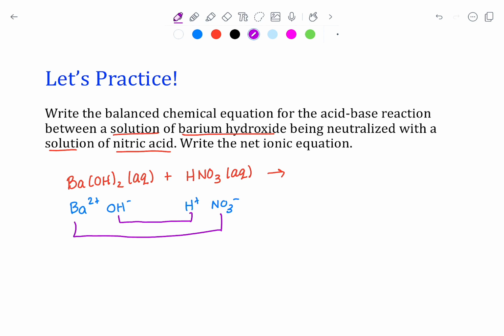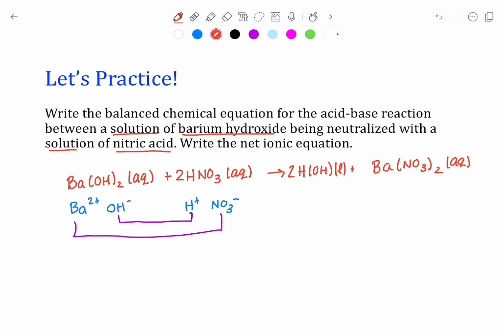So this creates the product of HOH, again that's water, and then we get Ba(NO3)2 to account for the charges. And this would be (aq) because we know nitrates are fully soluble in water. In order to balance this, we would just need a 2 out in front of our HNO3 and a 2 in front of our water.